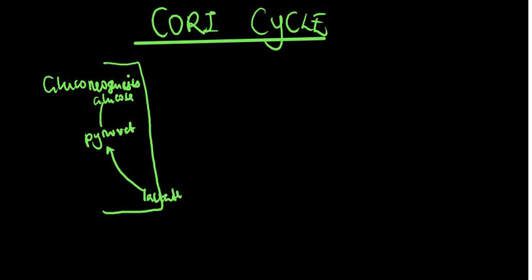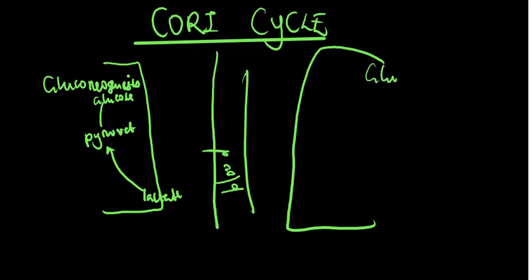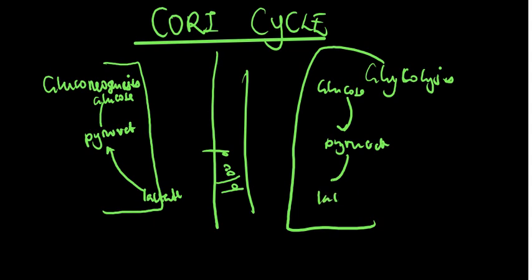Remember that image that was drawn in the first place? So this is the blood, and this is glycolysis. In here we have glucose. It's the other way around: glucose is being converted to pyruvate, pyruvate to lactate. This is just simply to tell you that it's a cycle.